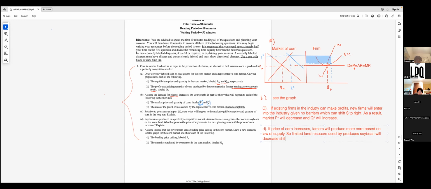So which can shift the supply curve of the soybean to the left.